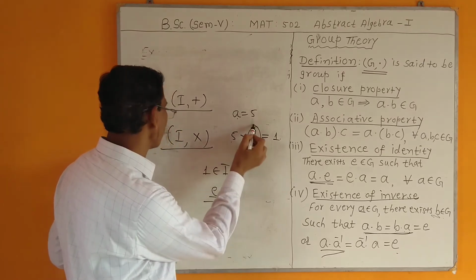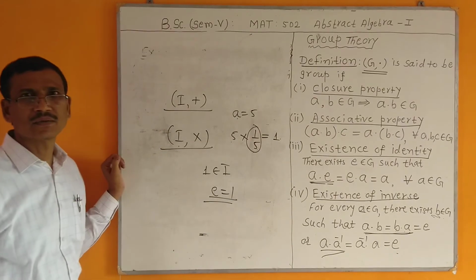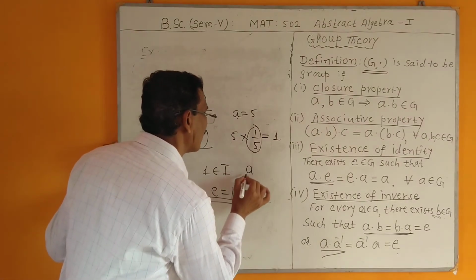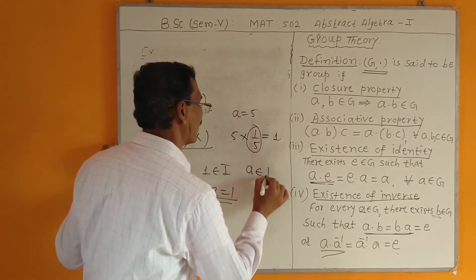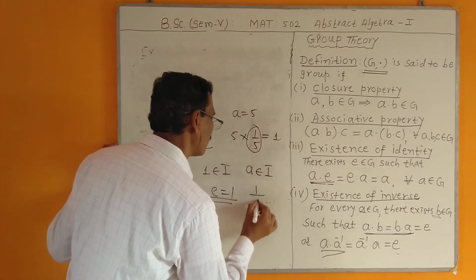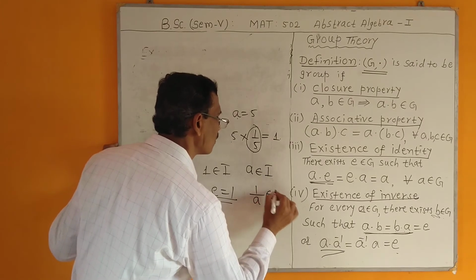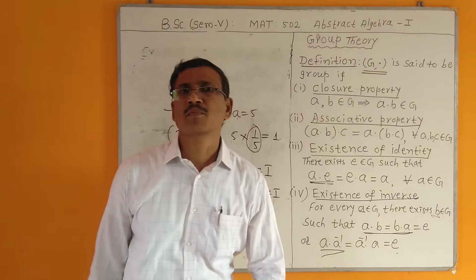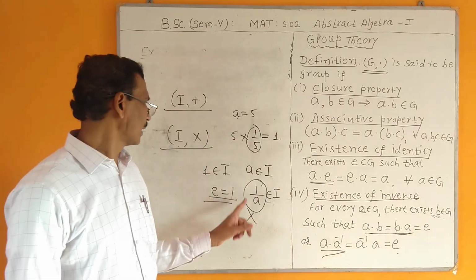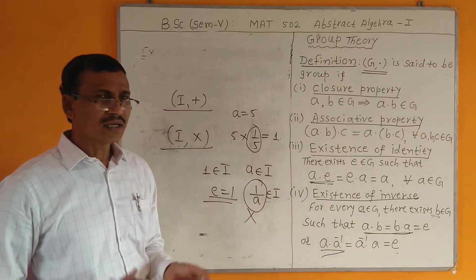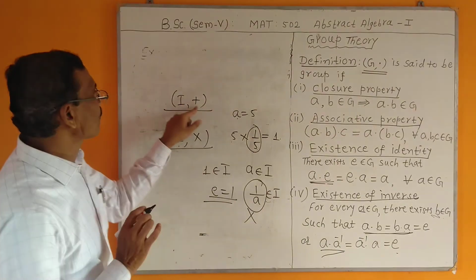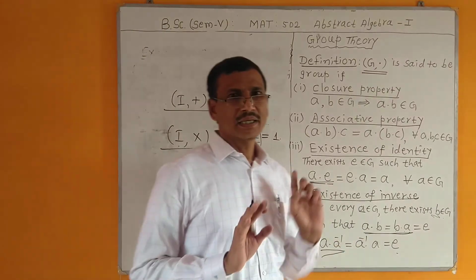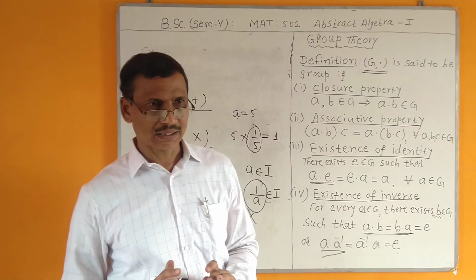But 1 by 5 is not an integer. In general, the inverse of any element A belonging to I must be the element 1 upon A. It must belong to I. But 1 upon A is a rational number. It is not an integer. And therefore, the inverse element does not exist. Though I plus is an abelian group, I multiplication is not a group because the inverse does not exist.